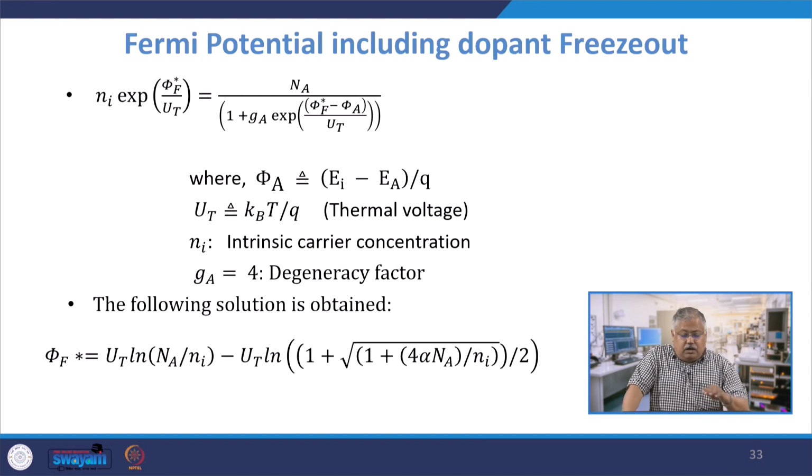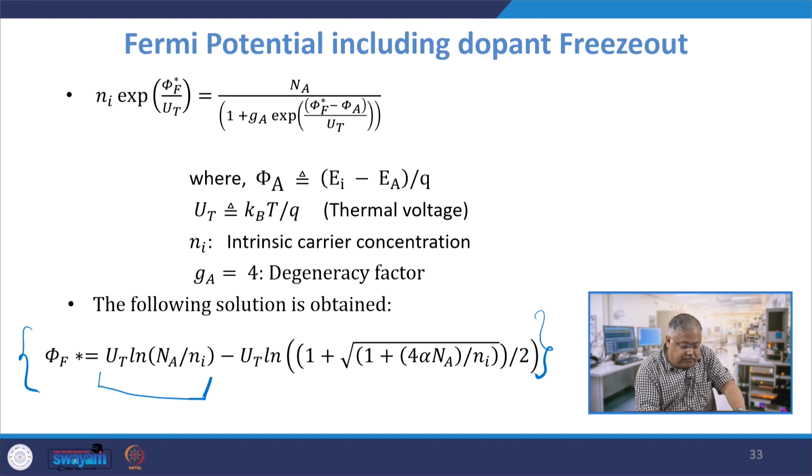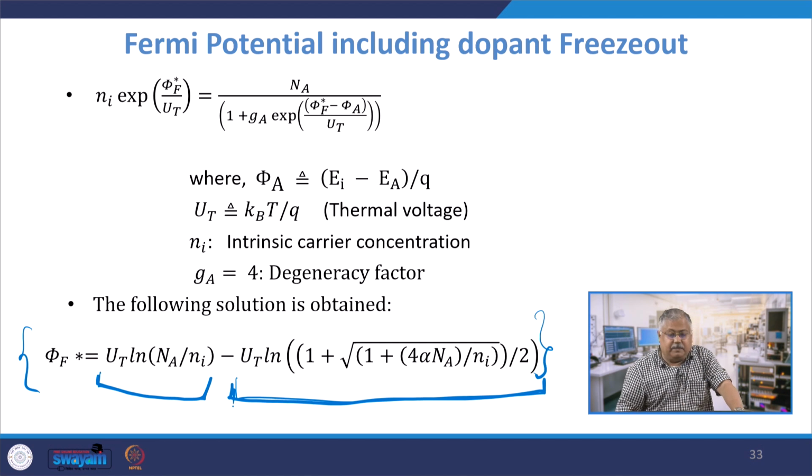Now, if we look at the Fermi potential, I will not go into the derivation of it, but let's look at how the Fermi potential will behave when you have a full dopant freeze out. This comes out to be this quantity, the Fermi level potential. Look at this point: this was originally the value of phi f. The phi f star, with dopant freeze out included, has a decrement by this factor, where Ut of course is kT by q, the thermal voltage.